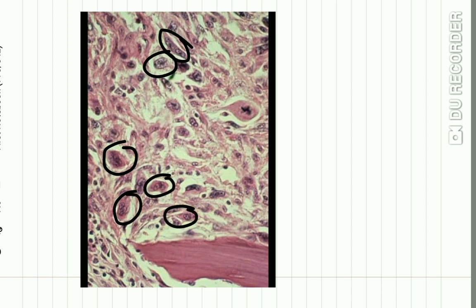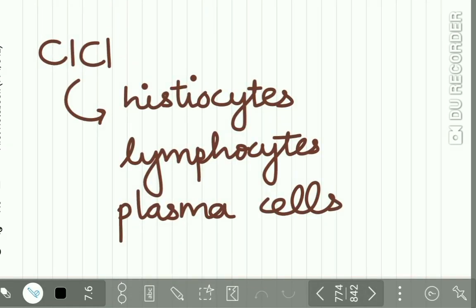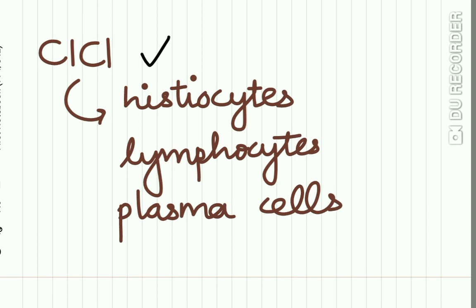These are the histiocyte-like cells and these are the fibroblast-like cells. Also, you can see chronic inflammatory cell infiltration scattered sparsely throughout the tumor, which includes foamy histiocytes, lymphocytes and plasma cells.